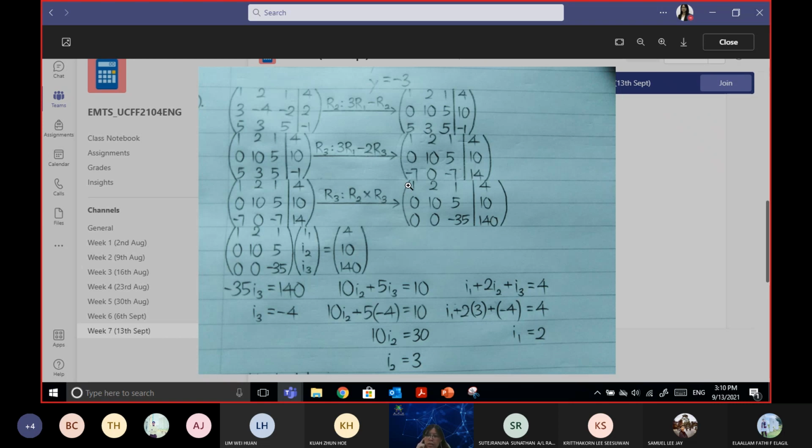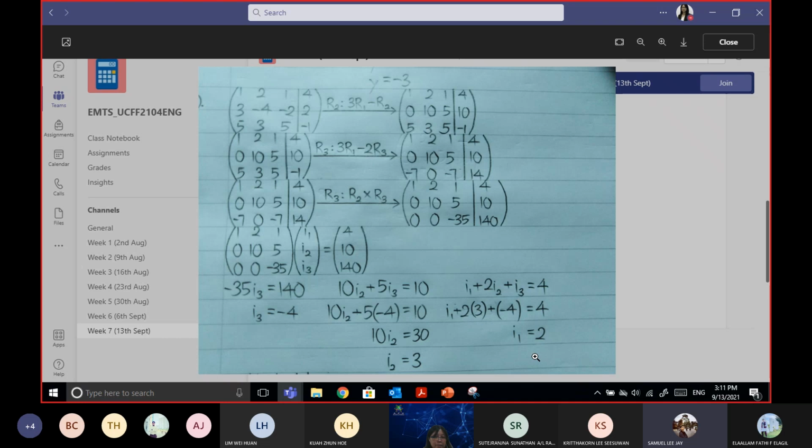I don't understand, it seems everything is correct here. Wei Huan, what do you mean by solving it without the order? Based on your equation, definitely you have to solve for I3. Then once you get I3, you need to use the second equation to solve for I2, then come to the first equation. To me, everything looks fine.